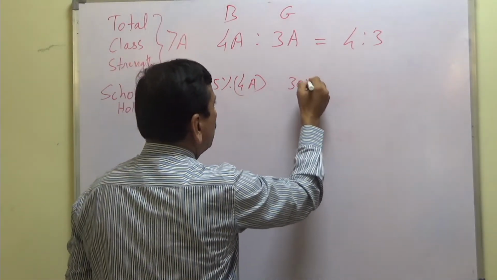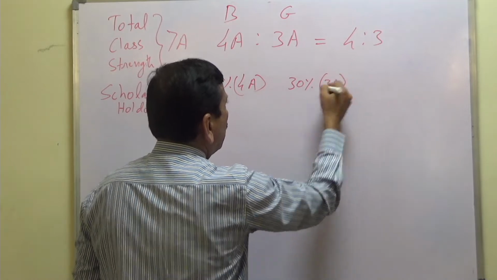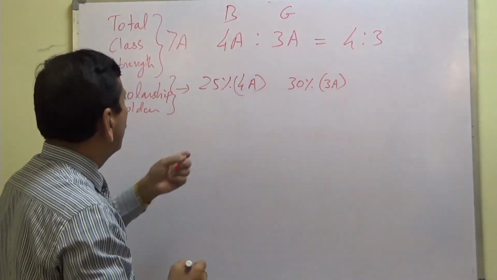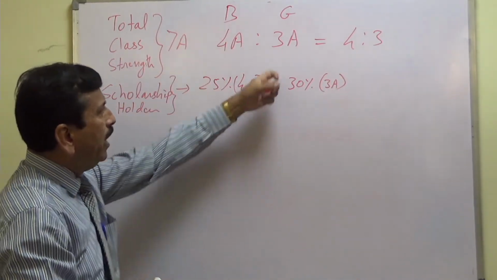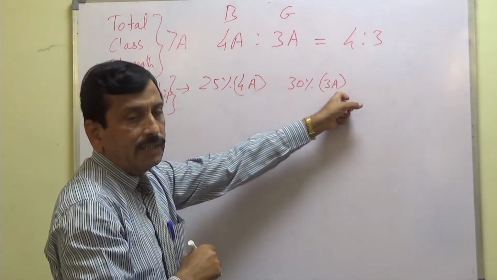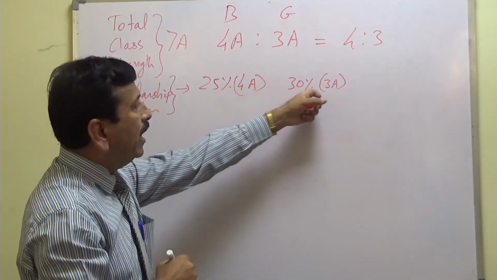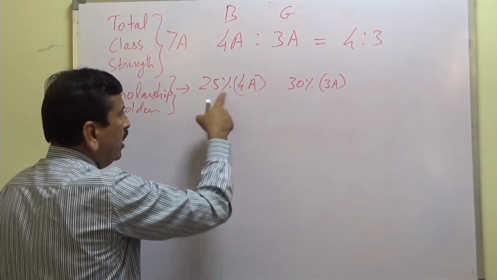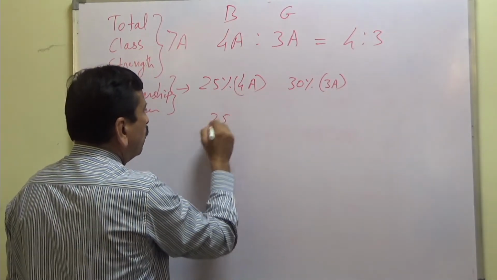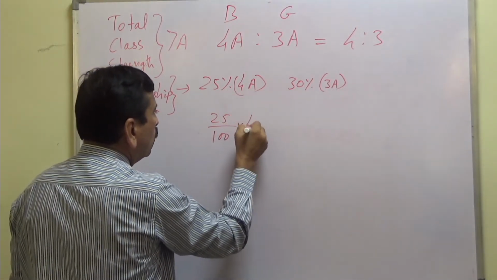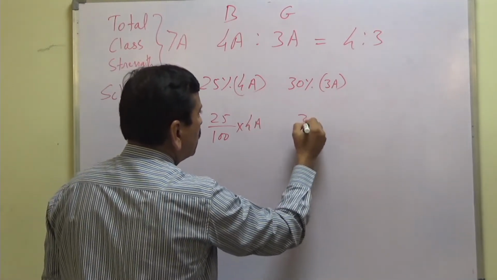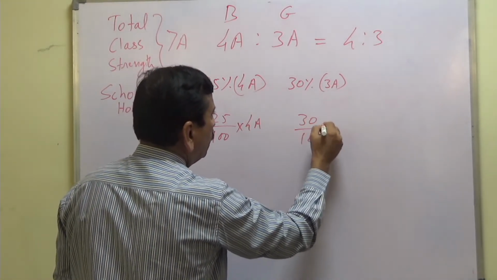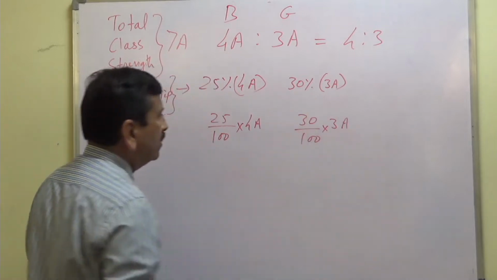So 30% of 3A get scholarship. Okay, 25% of 4A and 30% of 3A they get the scholarship. So the total number of people getting scholarship you can make out. 25% of 4A is what? 25% of 4A. This is 30% of 3A.